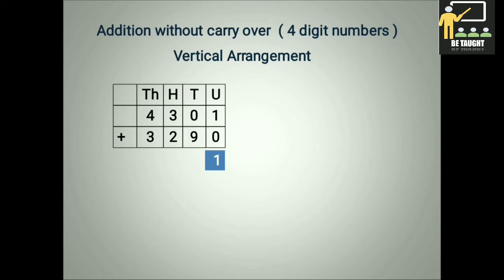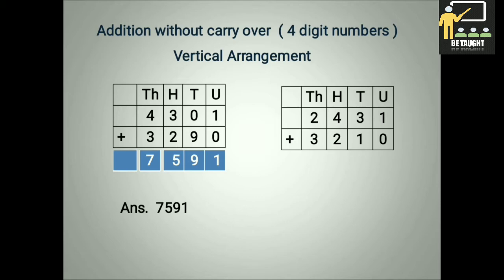Tens place, 0 plus 9 is equal to 9. Hundreds place, 3 plus 2 is equal to 5. And thousands place, 4 plus 3 is equal to 7. So our answer is 7591.